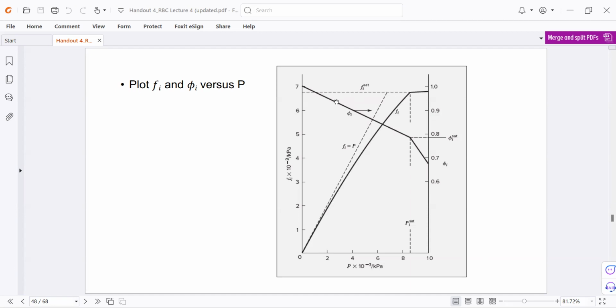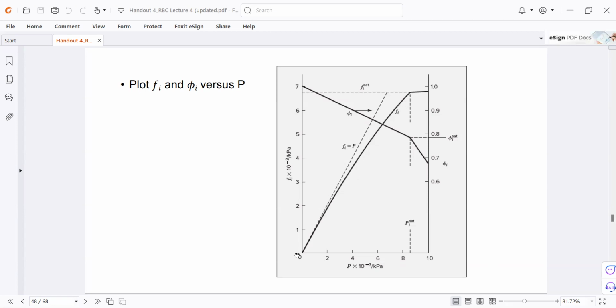But for your homework, just notice, compare this dashed line, which is what if this line is the ideal gas wherein the fugacity is equal to the representative or the given pressure, compared with the fugacity of the real gas.